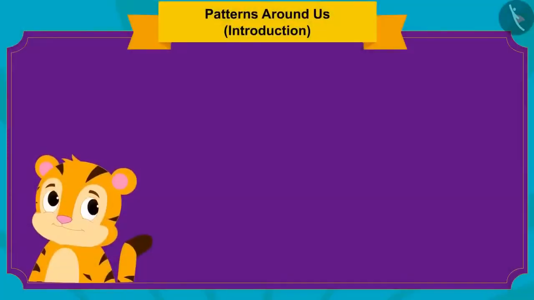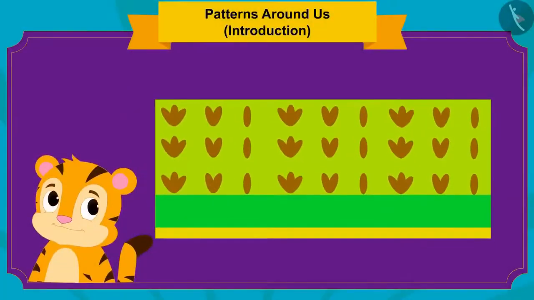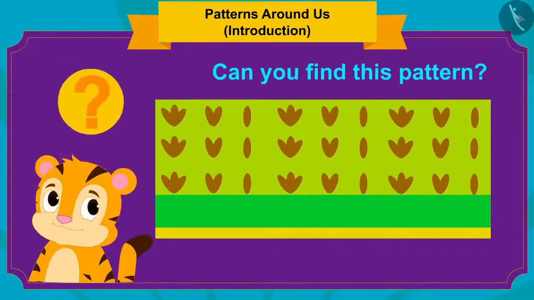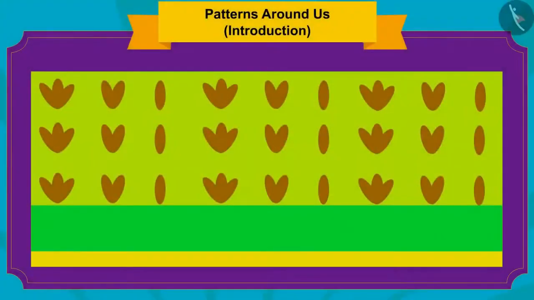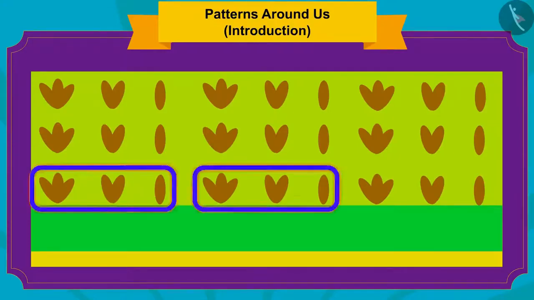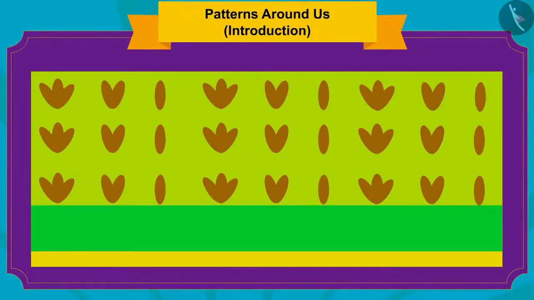Sher Khan noticed that this sari also has a unique pattern. Children, can you find this pattern? Here, a pattern having 3, 2, and 1 leaves of the same shape is repeating, thereby forming a pattern.